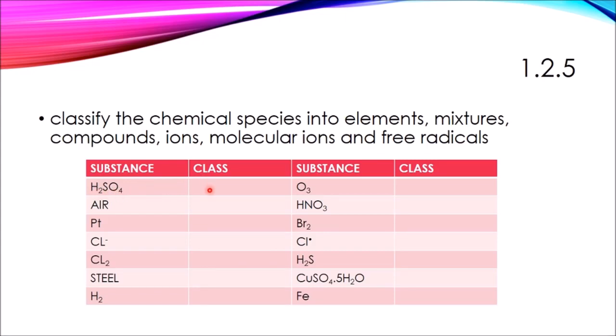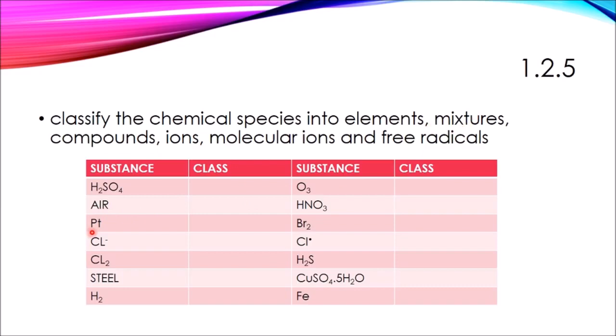According to the trick I told you, this is a compound. A compound is formed by different atoms. Okay. Air, as we all know, air is a mixture because it is made up of many gases. It is made up of carbon dioxide, oxygen, nitrogen. We have dust particles in the air, so air is an example of a mixture.